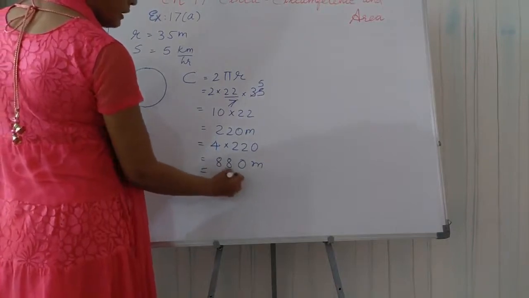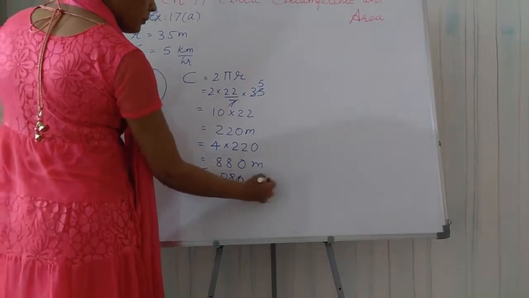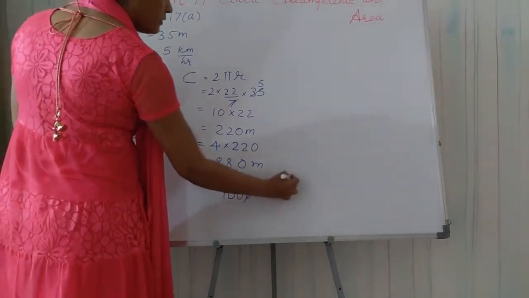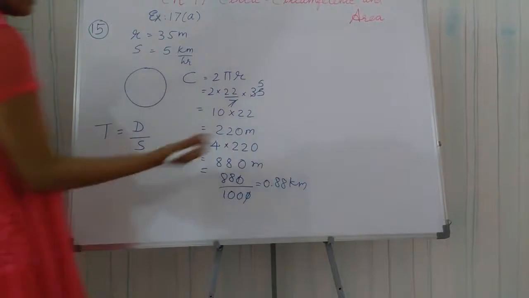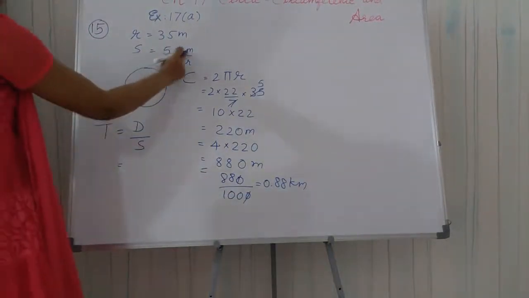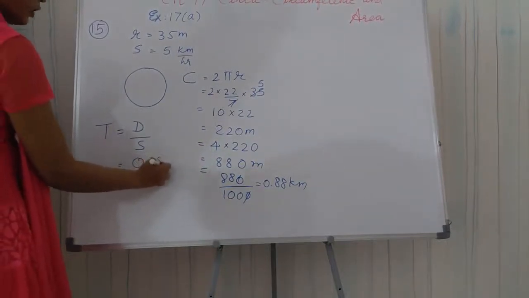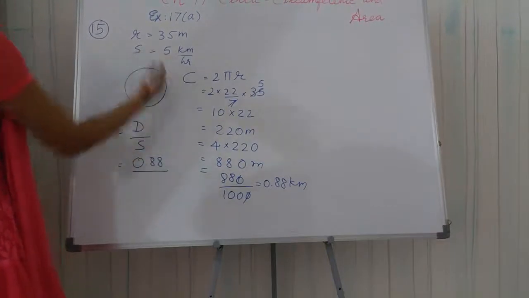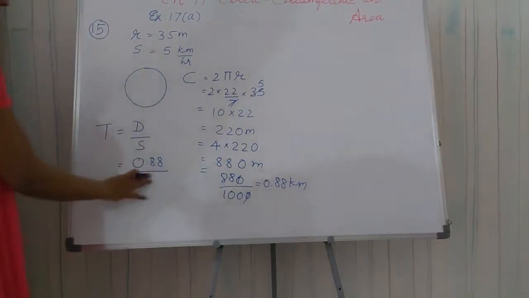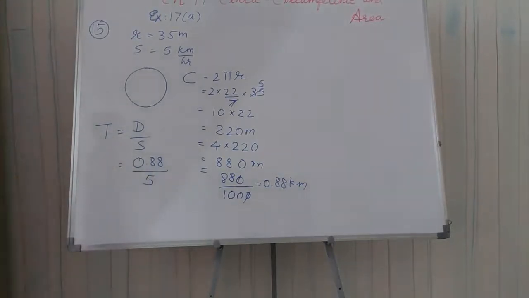So 880 divided by 1000, that is 0.88 kilometer. So we got now circumference also in kilometer. So distance, that is 0.88 kilometer distance, and the speed is given 5. So this way we can calculate our time to get how long the boy takes.